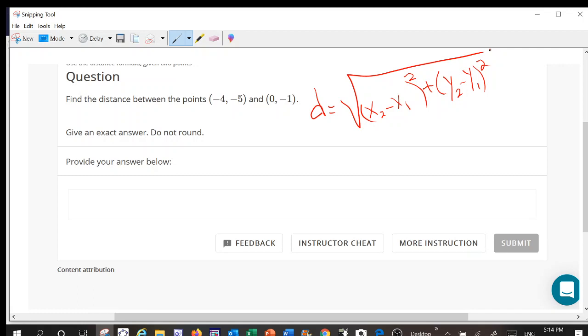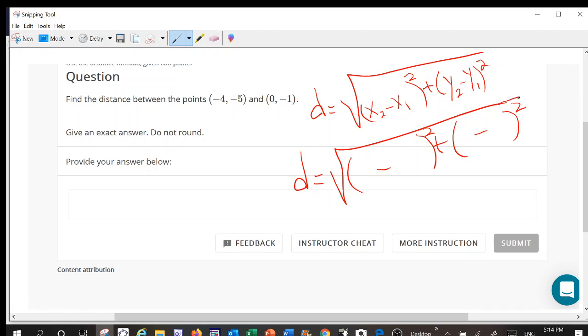So the distance here is going to be the square root of something minus something squared plus something minus something squared. Now what's something here? Well, that would be x2. If you assume this is x2, it would be 0 minus x1, and then this is y2, negative 1, minus y1, negative 5.